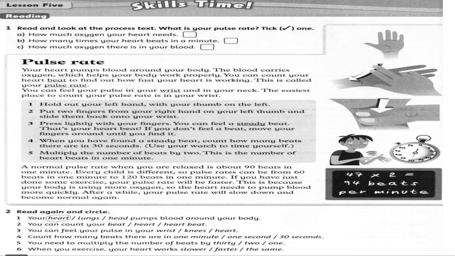Number 3, you can feel your pulse in your wrist. Number 4, count how many beats there are in 30 seconds. Not in 1 minute or 1 second, in 30 seconds. 30 seconds is the right answer. Number 5, you need to multiply the number of beats by 2. Number 6, when you exercise, your heart works faster.